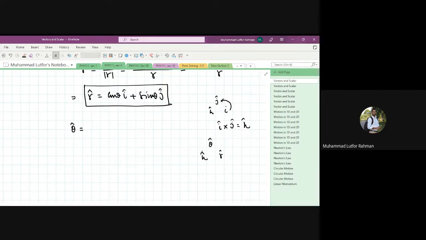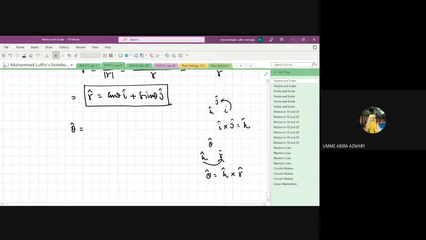That will be k hat, right? We can write it that way. Then theta hat would be basically k cross r hat, in the counterclockwise direction.